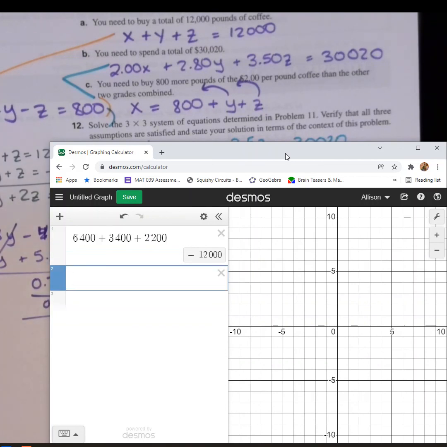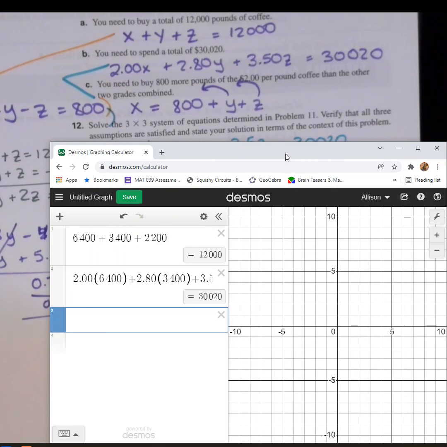That one checks. 2 times x, which is 6,400, plus 280 times y, which was 3,400, plus 350 times z, which was 2,200, is 30,020. And the last one, we already checked as we were solving it, but if you do 800 plus y, which is 3,400, plus z, which is 2,200, you do get x, which is 6,400. So it checks.